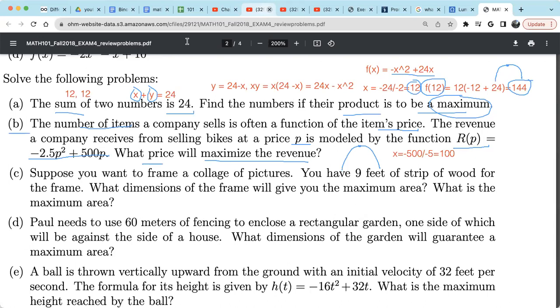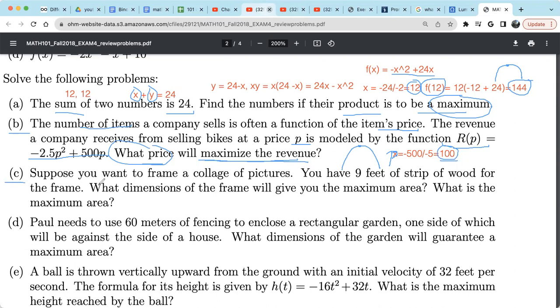Our variable in this case is p, not x. So p equals 100. So when the price is $100 each, they get the most money, the revenue is maximum. The question is asking what price will maximize the revenue? Well, if they sell at $100 each, this price, $100, will maximize the revenue.